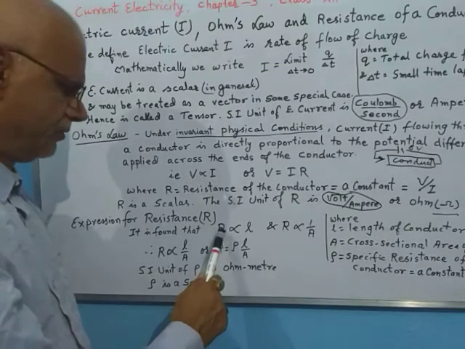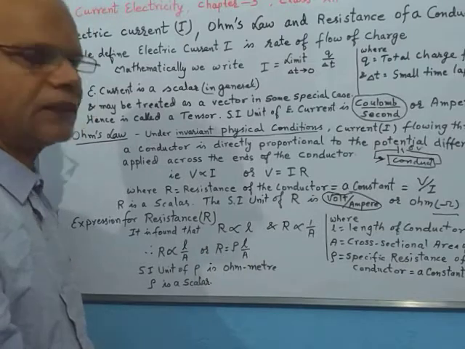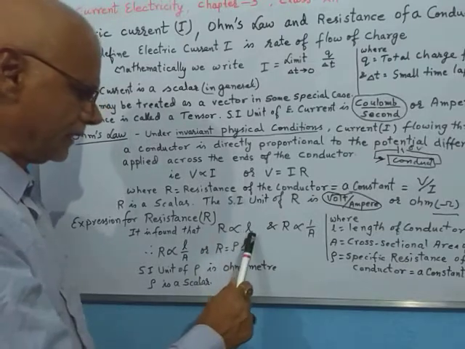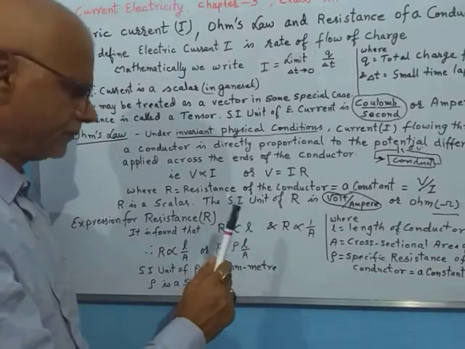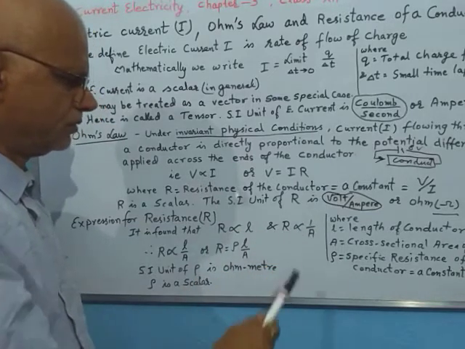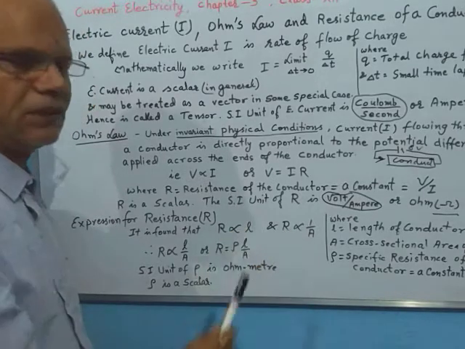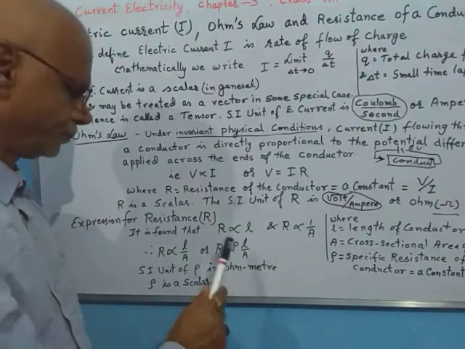That means mathematically we write R is proportional to L, that is length of the conductor. Greater is the length, greater will be the resistance, and R is inversely proportional to cross-sectional area. Greater is the cross-sectional area, smaller will be the resistance.